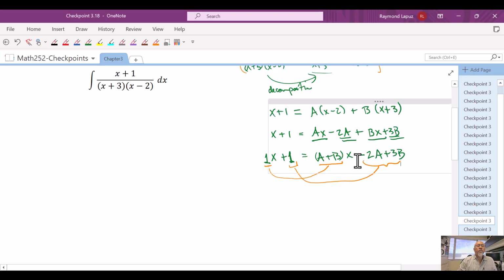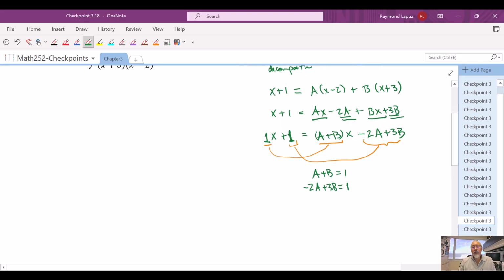All right. Now we have two equations. The first one is A + B = 1. And then our second equation is −2A + 3B = 1, because that's our constant term on the other side.